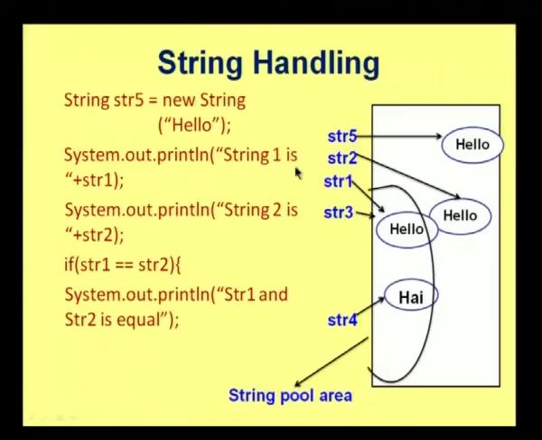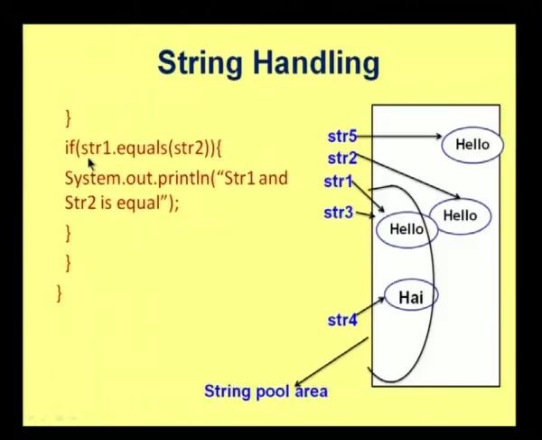Now I am trying to print str1 and then str2. My str1 has the value hello and my str2 has the value hello, whereas the objects are different. The str1 and str2 objects are different. If I check whether the str1 object and str2 object are equal, they will not be equal.